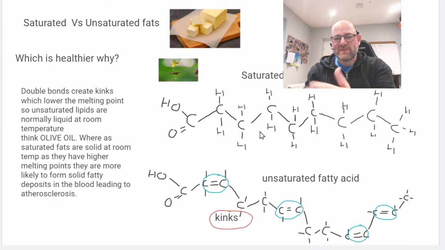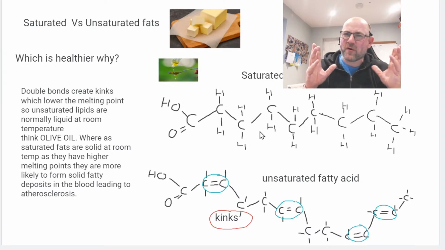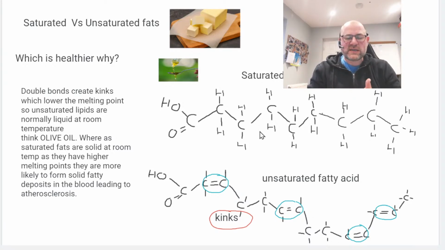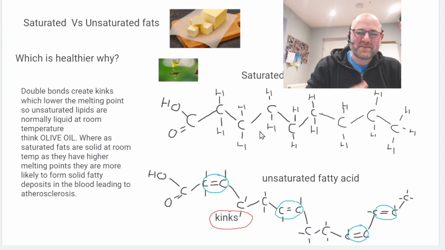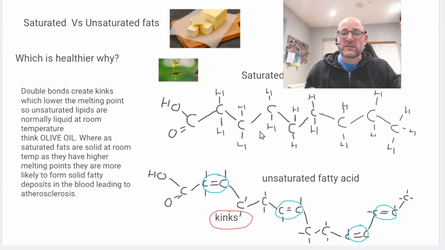This unsaturated fatty acid with the blue circles has carbon-carbon double bonds. You'll remember them from alkenes in GCSE chemistry. This is actually known as a polyunsaturated fat because it has more than one double bond. If it had one double bond, we'd call it a monounsaturated fat. Whereas the top one is fully saturated. No carbon-carbon double bonds in sight.